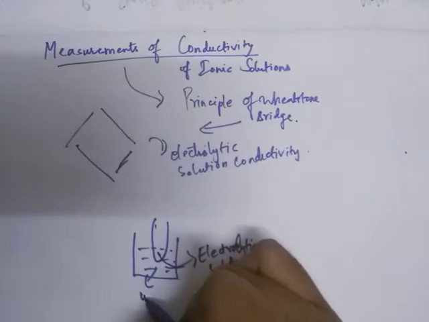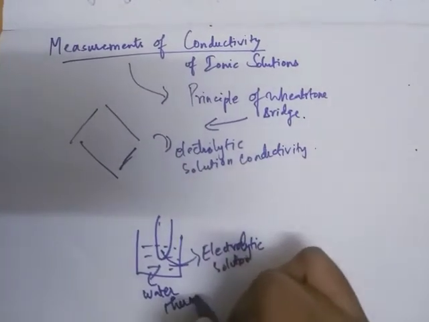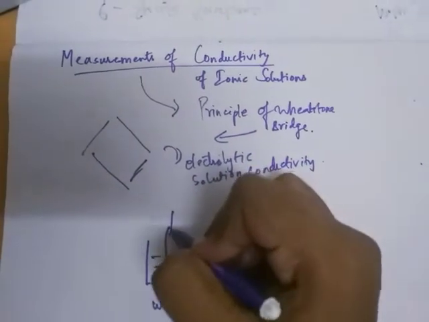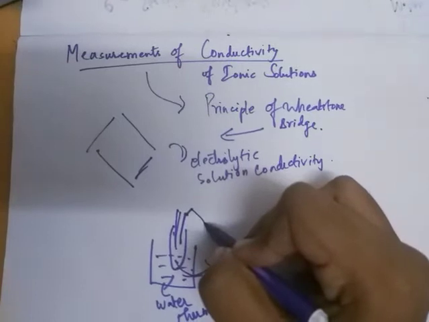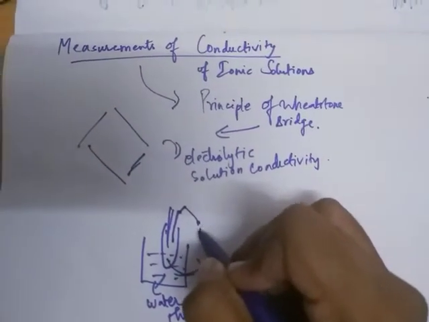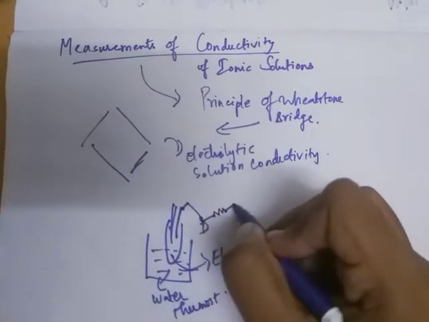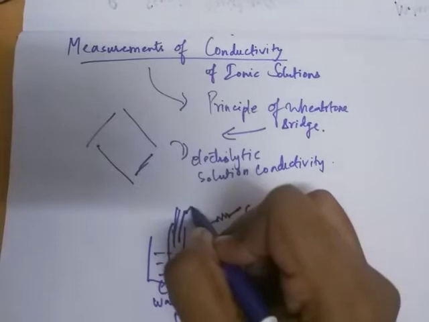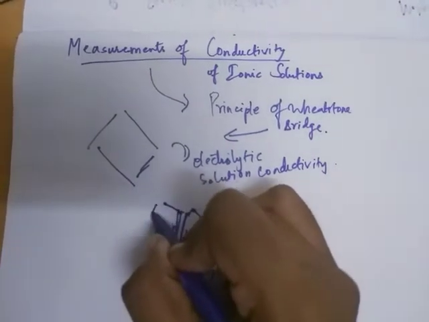This is a water thermostat. We will have two electrodes. One electrode will be like this with the resistance C. Here another electrode will be connected like this.